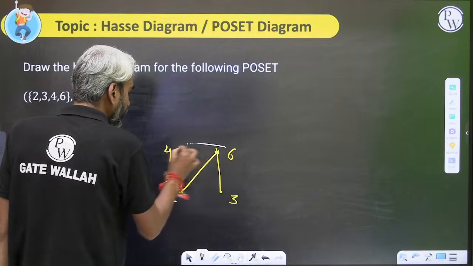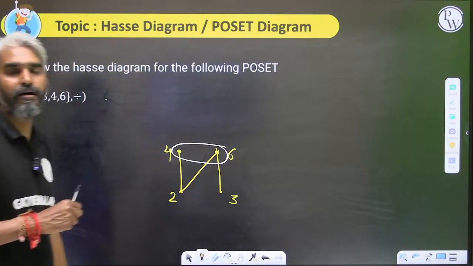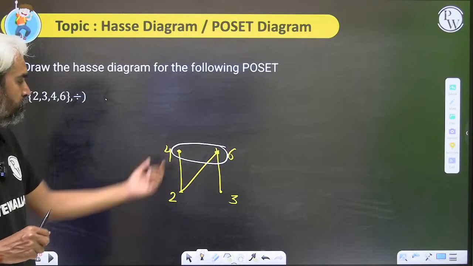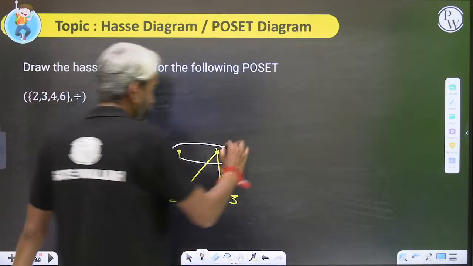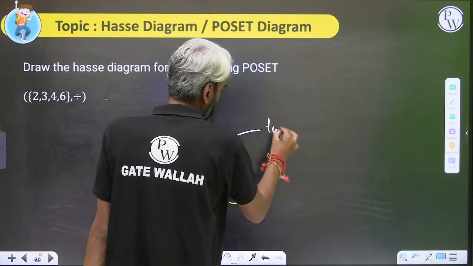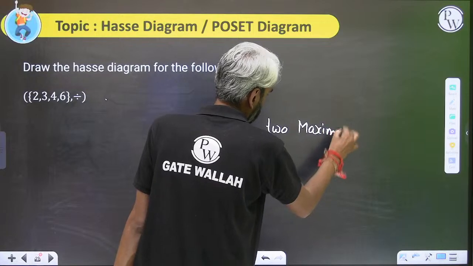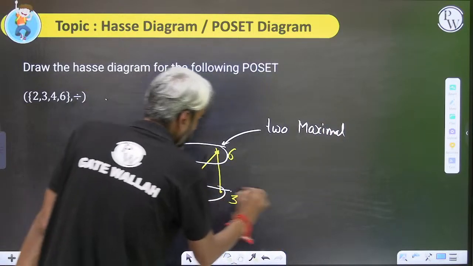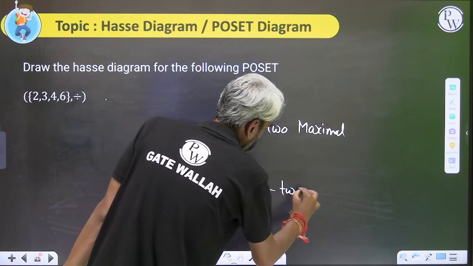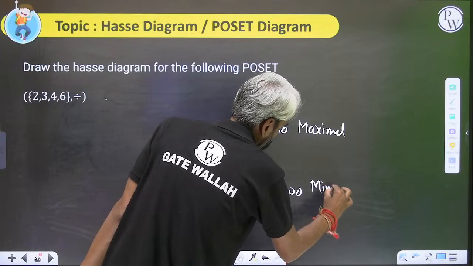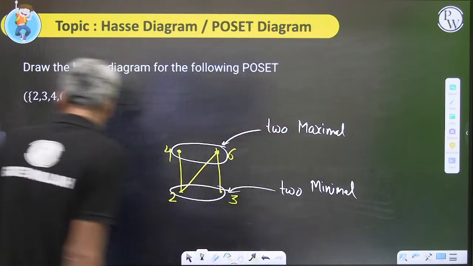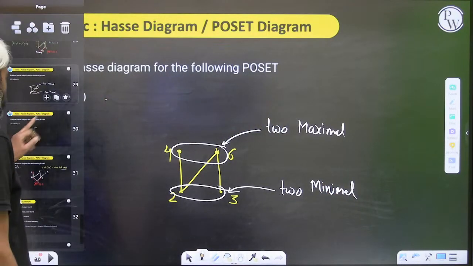So this is a maximal. Both of them are at the topmost position of the poset diagram. Therefore, two maximal. Two minimal. What about that?